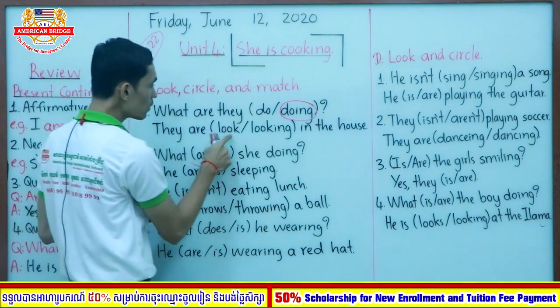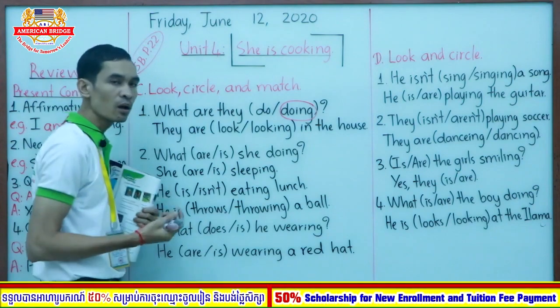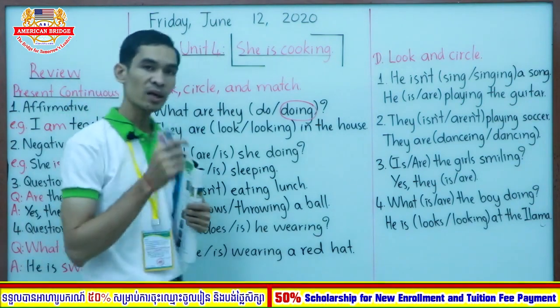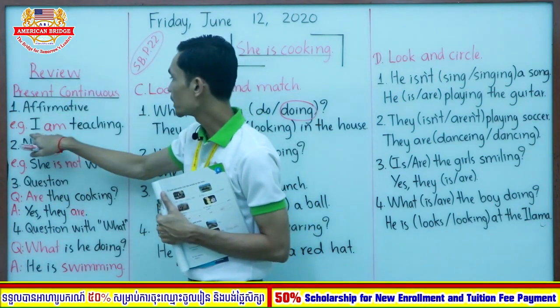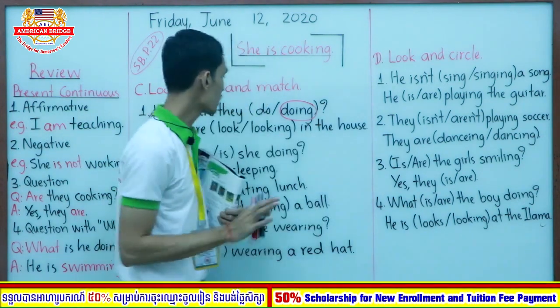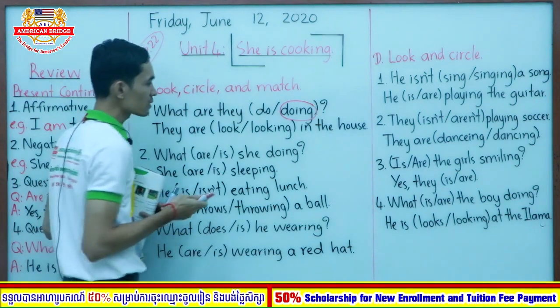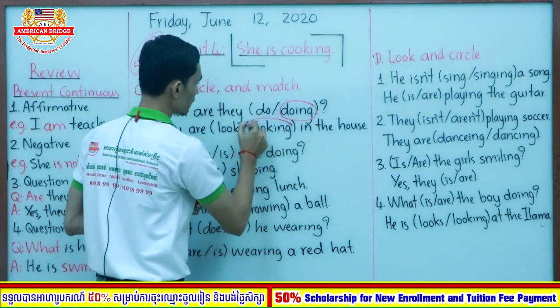Okay, how about this? One more, they are looking in the house. They are look or they are looking? You can look at the form here. Subject plus be plus verb ing, right? Okay, so you cannot say they are look, but you can say they are looking, right?